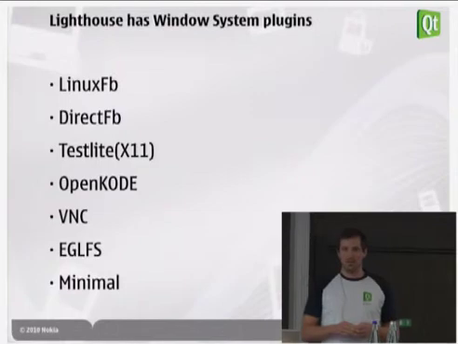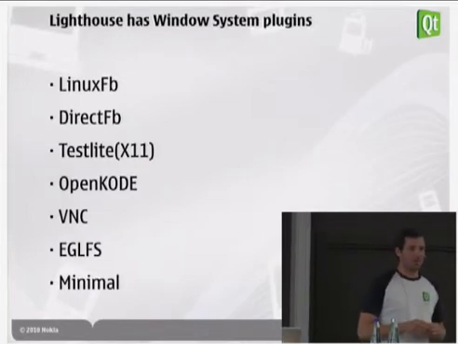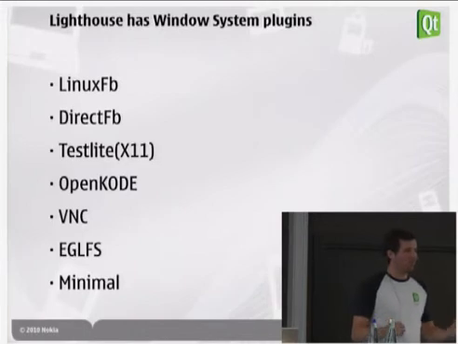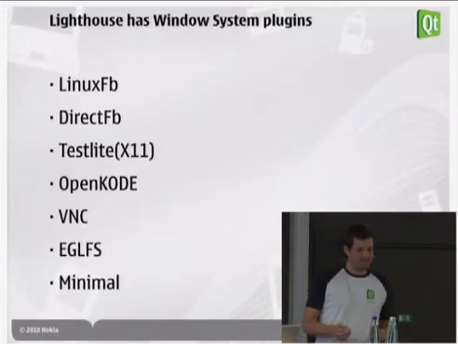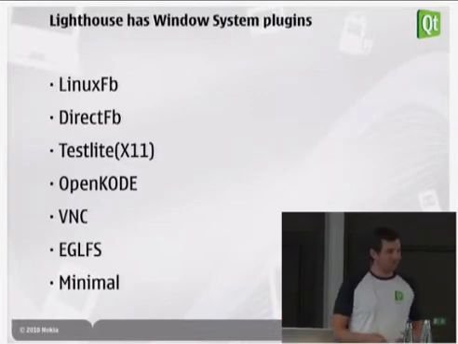It's slightly different. We removed the multi-process support. We said that's really not what we want to do. We really don't want to be making another windowing system again. This kind of code doesn't belong in Qt.